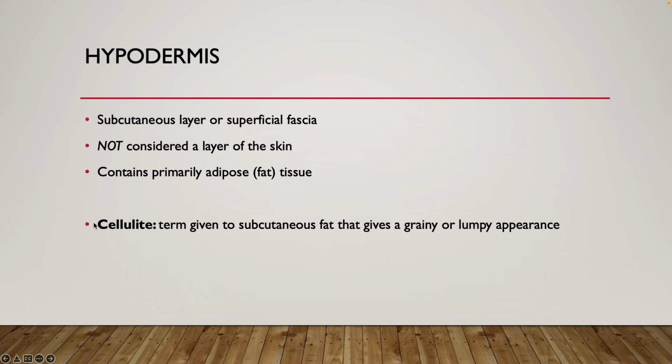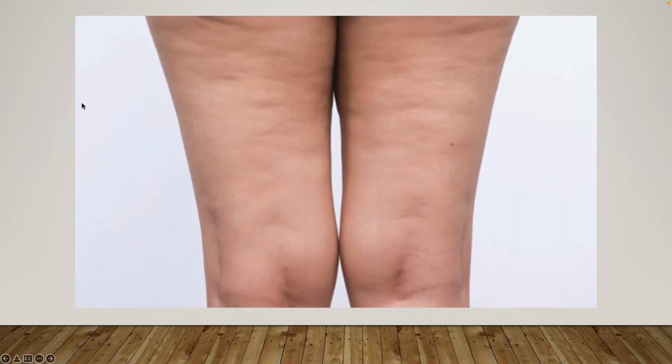Now, you can term this superficial fascia cellulite whenever it has a grainy or lumpy appearance to it. You can see that oftentimes on the back of legs and on the thigh region as well, going down into the popliteal region.